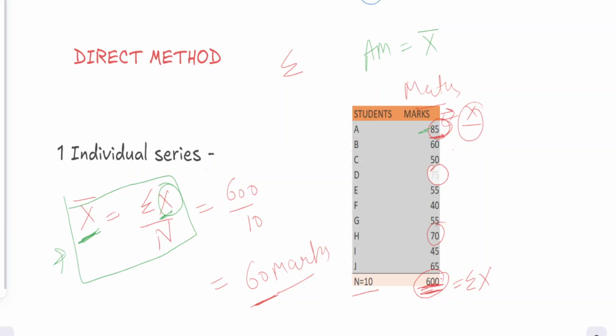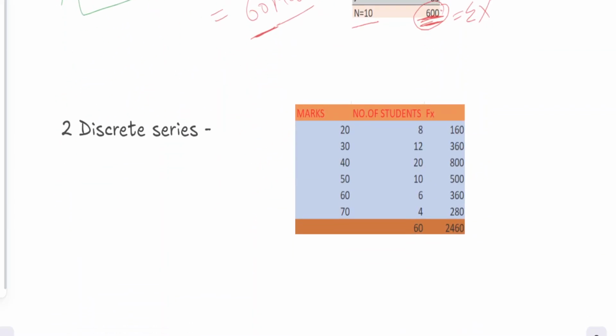Okay, let's move to discrete series. As we know, discrete series is the one where there are distinct values which repeat themselves, like 20 is repeated 8 times. What is more useful, or what is more prominent to see?